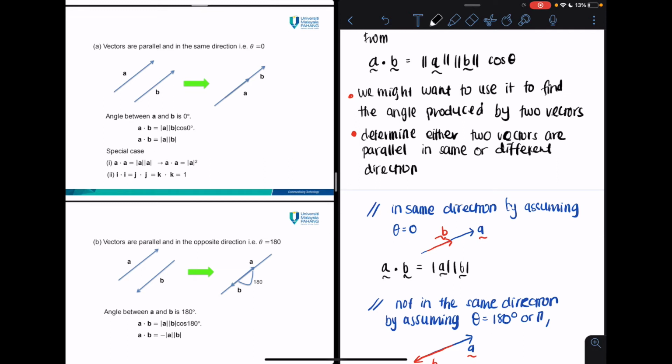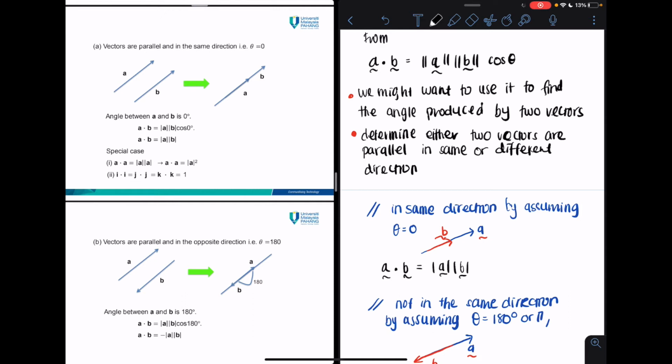Based on the theorem that we get when we observe the vectors from a geometric point of view, which is that the dot product between two vectors, vector A and vector B, is equal to the magnitude of vector A times the magnitude of vector B times cosine theta, we can use it to find the angle produced by two vectors, or we can also use the theorem to determine whether two vectors are parallel in the same or in different directions.